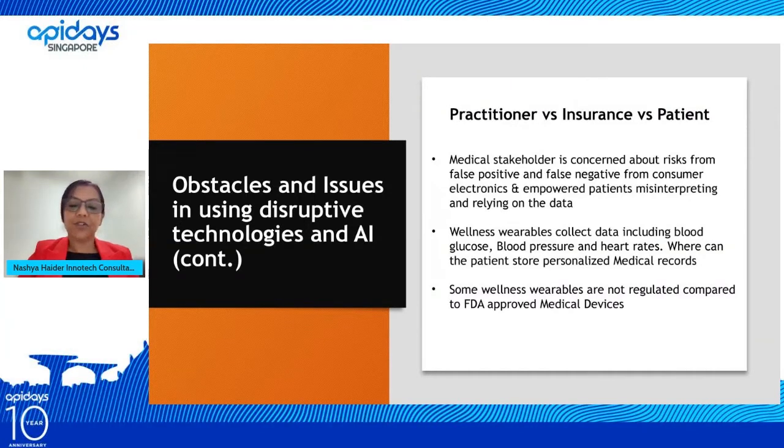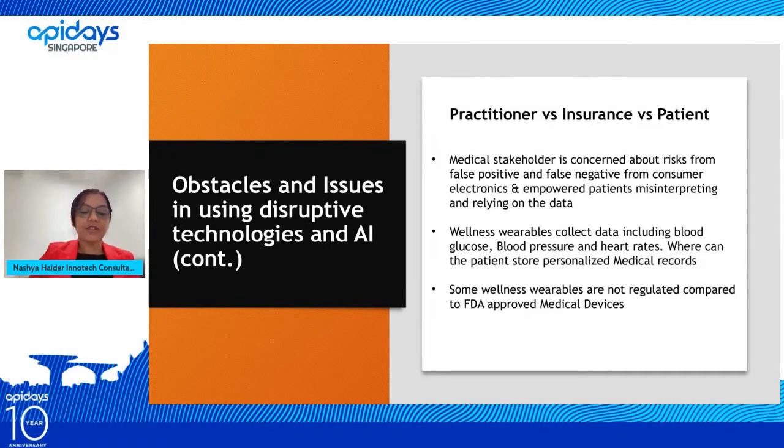And the practitioner may favor regulated medical devices rather than consumer wearables. And the patient wants the freedom, and the patient wants to be empowered to own their own data for example, and is thrilled about new wearables coming onto the market, such as the Apple Watch, which would continuously monitor your glucose levels.